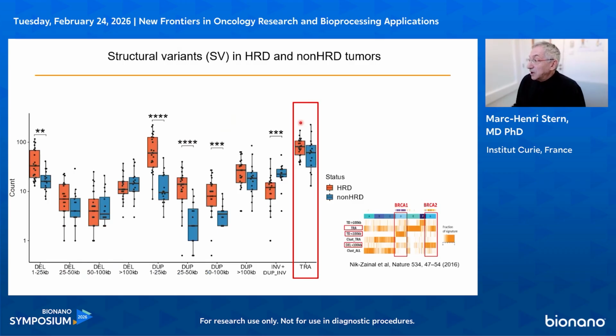The last surprise was to find a similar number of translocations in HRD and non-HRD cases, whereas this feature was found important from the work of Nik-Zainal, as well as from previous work from the team.